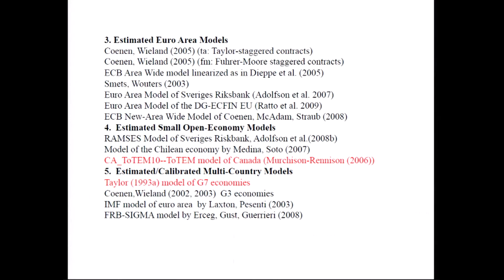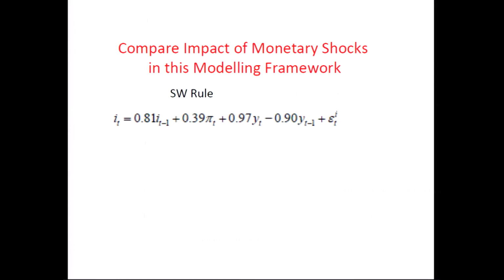I mentioned the Bank of Canada's model in red. This is actually a somewhat more updated model from the QPM model. And then there's a very old model, my own multi-country model, which is an example of estimated models for many countries.